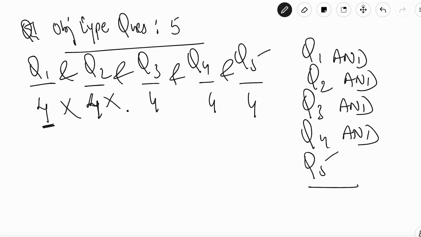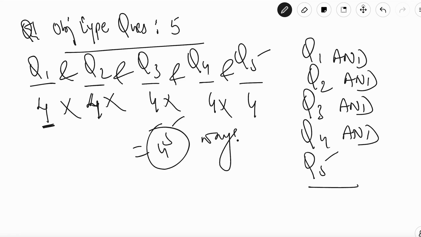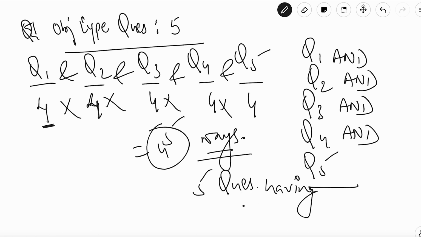So it means 4 into 4 into 4 into 4 into 4, which is basically 4 to the power 5. So there are 4 to the power 5 ways of answering these 5 questions, having 4 choices each.